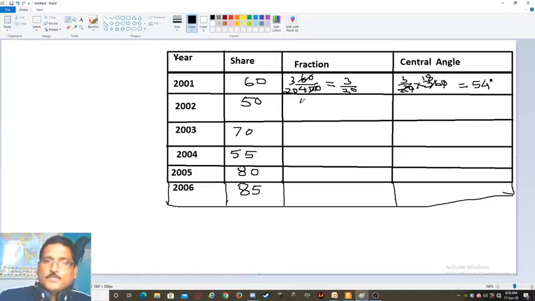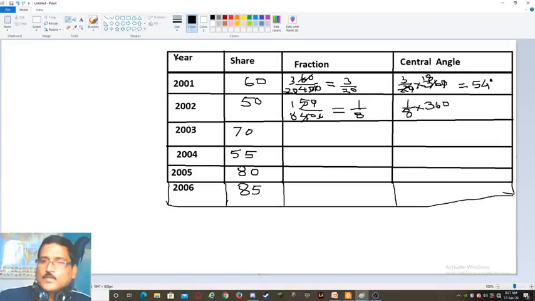Now this is 50 by 400. If I cut it by 5, it is coming 1 by 8. So now 1 by 8 multiplied by 360 degree.